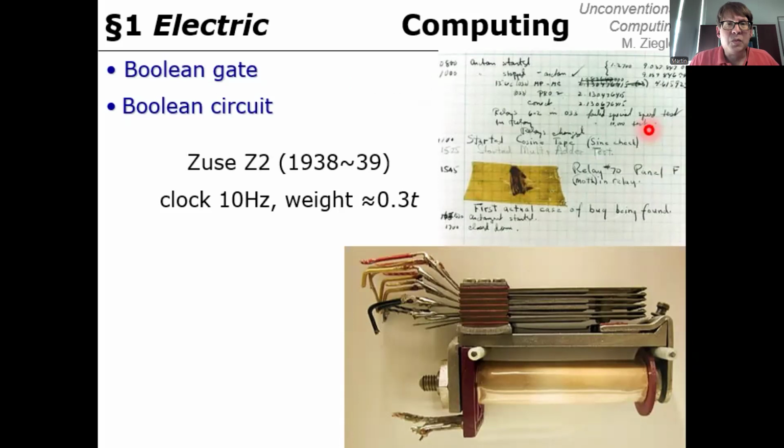And this is what led Konrad Zuse and others to abandon all this mechanic and electromechanical computing and instead switch to purely electric computing with no mechanically moving parts.